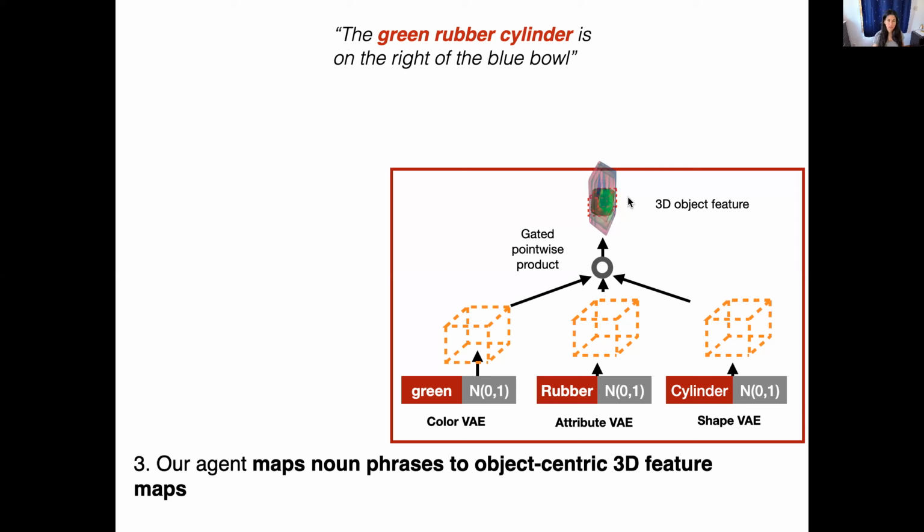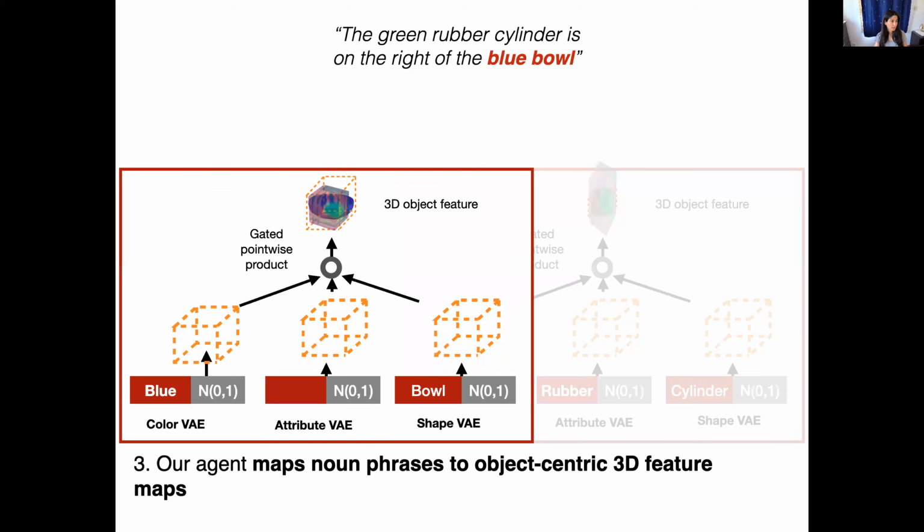Because at training time, you assume you have bounding boxes, so you know exactly, and you also have association between noun phrases and the corresponding object, to be able to train those generative networks. And here is another instantiation, blue ball. And here's again the corresponding 3D feature map that this network is going to give you. So you train it, as we said, supervised by mapping noun phrase to corresponding object 3D feature maps, cropped from the scene 3D feature maps.